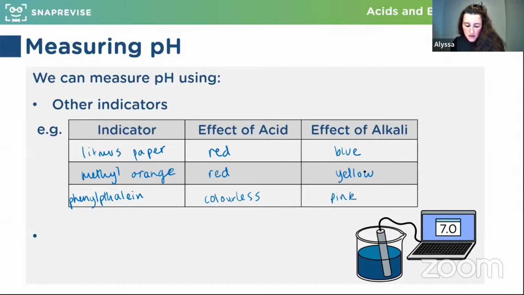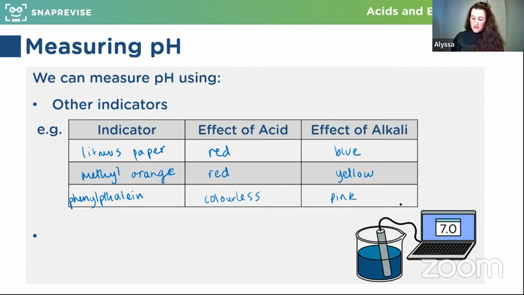Why? Because that's the way it's made. It's made so that it is that color in an acidic solution. So the acid forces it to be that color. Yeah, good question. And yet phenolphthalein does go pink in alkalis, and methyl orange is pink or red in our acid.